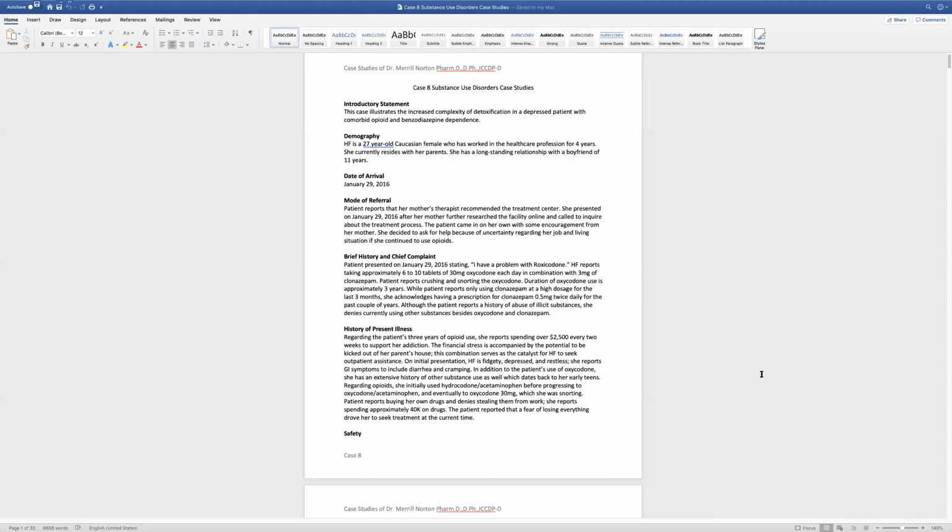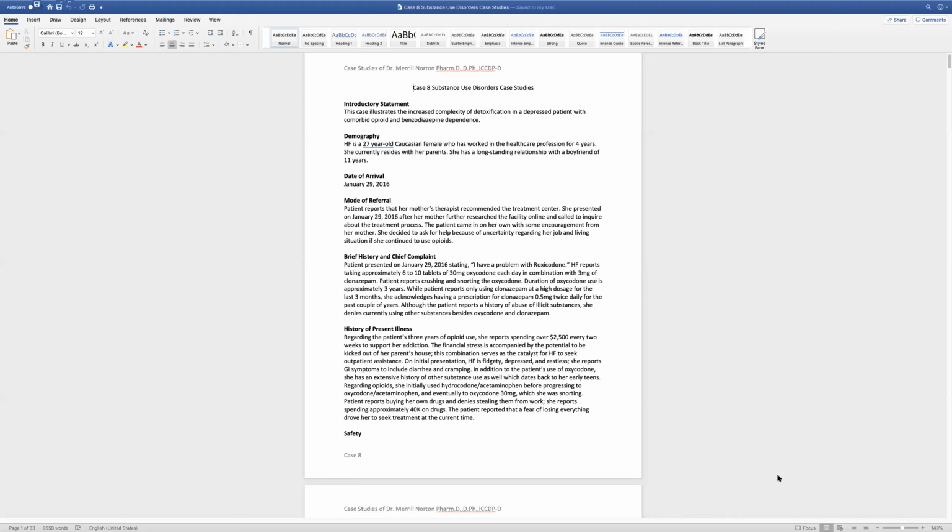The stress, accompanied by the potential of being kicked out of her parents' house, was a combination of catalysts for her to seek outpatient assistance. Initially, she's fidgety, depressed, and restless. She reports GI symptoms, including diarrhea and cramping. In addition to the present use, she has extensive use of other substances that dates back to her early teens.